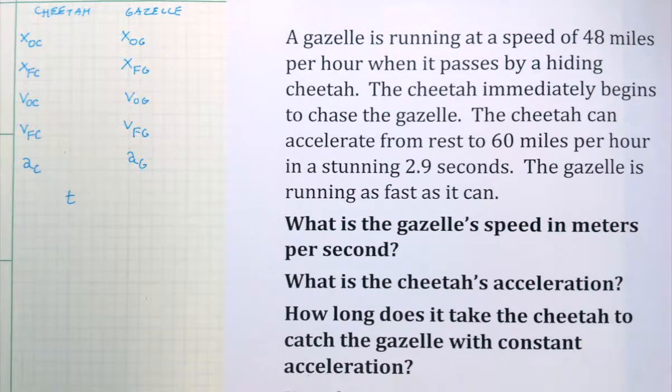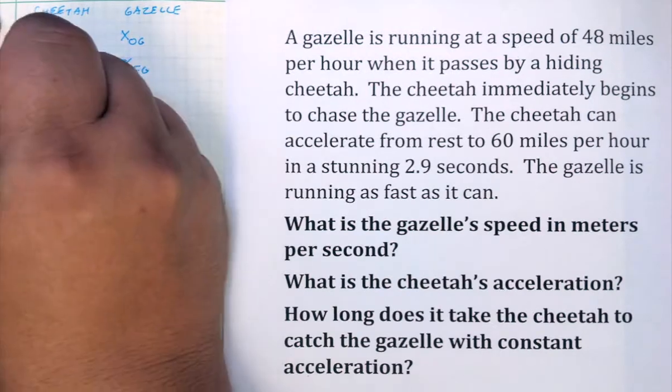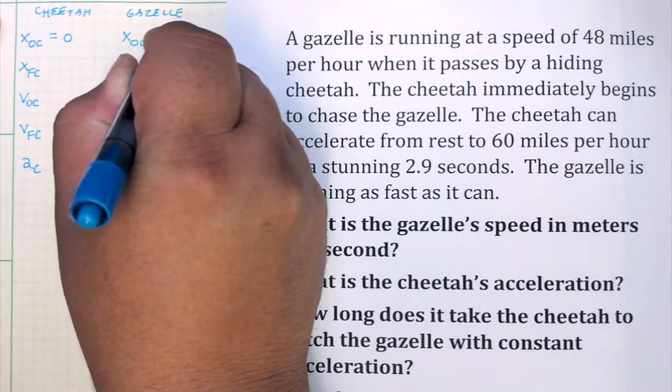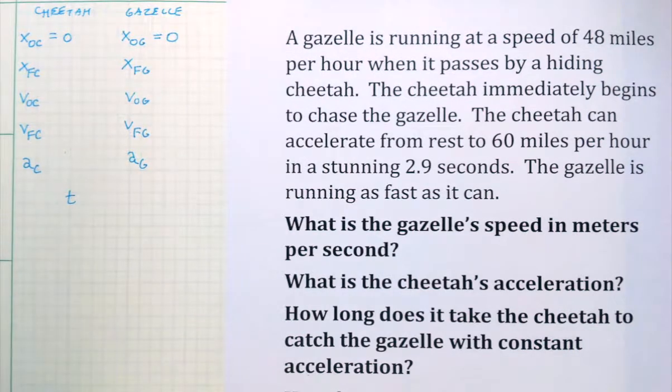So now we look at the problem and we figure out what the problem is trying to tell us. The first thing the problem tells us is that they both start at the same place. The cheetah immediately begins to chase the gazelle, and so they have the same starting position, which is 0.